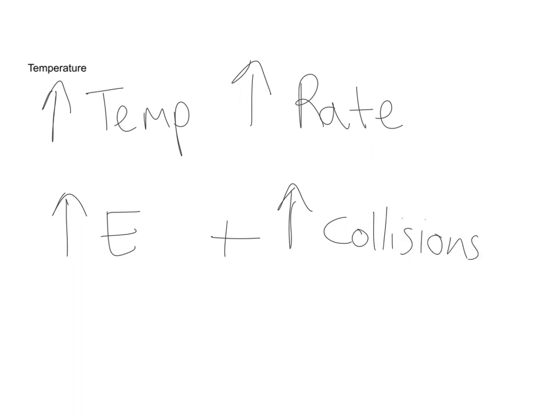So there is a much greater chance of having a successful collision if the particles have more energy and they're colliding more regularly. There is a higher chance of those collisions being successful. Make sure to make a few notes before we move on to the next slide.